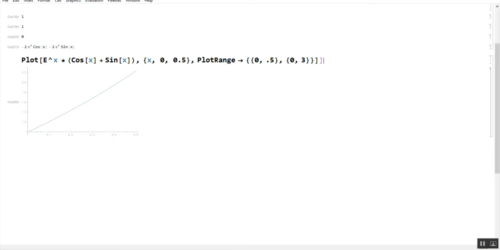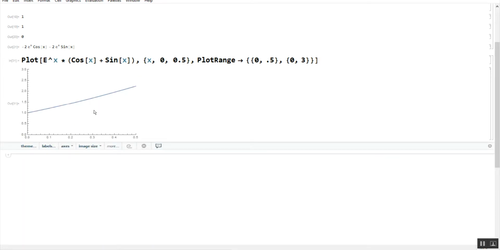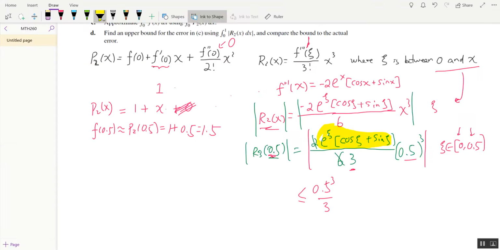I have one that's purple that tells you something is not quite right, so I have an extra bracket sign, so I have to delete it and then run. And then you can see that here the maximum occurs at this endpoint, right? When xi is 0.5. So with that, I can now bound this function.